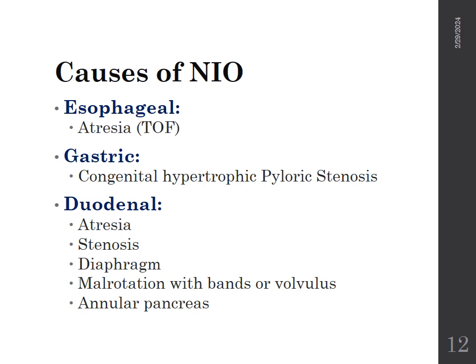Duodenal causes are very common: atresia, stenosis, a diaphragm in the duodenum, malrotation with bands or volvulus, or an annular pancreas. These are all duodenal causes of neonatal intestinal obstruction.